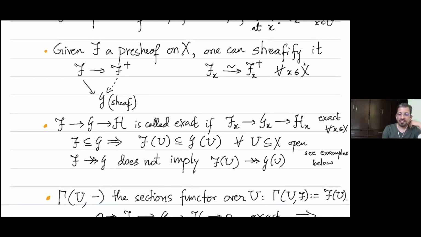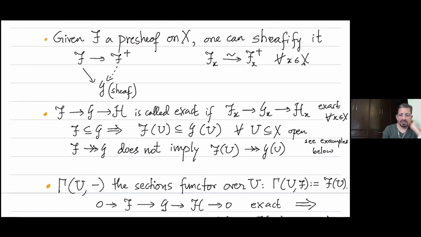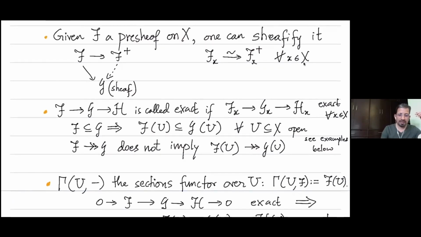If F is a pre-sheaf on X, then one can actually sheafify it. This is quite important, but we won't really emphasize it right now. Just say that given a pre-sheaf, the sheafification has a universal property: any map from the pre-sheaf to a sheaf G uniquely factors through it.